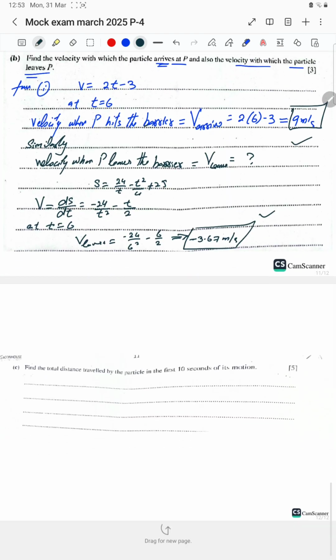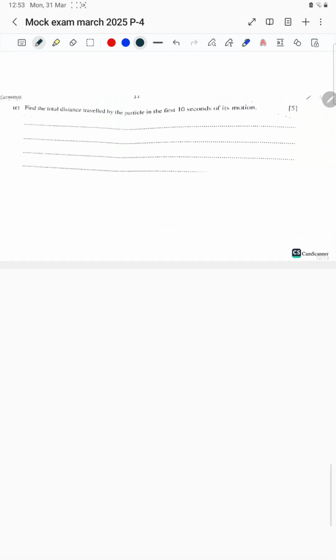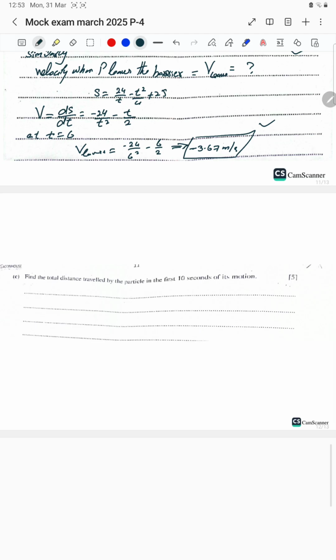Final part of this paper: find the total distance traveled by the particle in the first 10 seconds of the motion. Okay, it's a 5 marks question. It needs a little calculation. So at t equal to 0, initially, s will be 2, or you can say at t equal to 6, s will be 20.